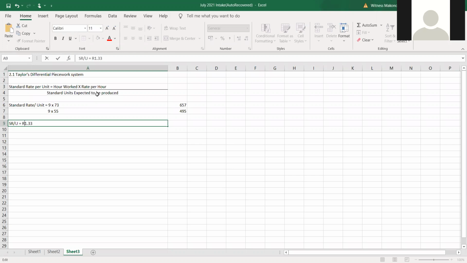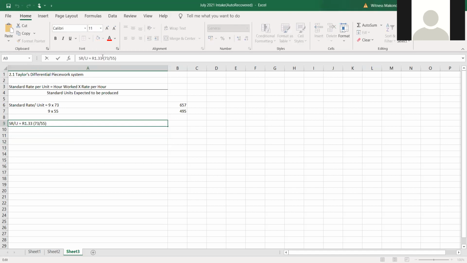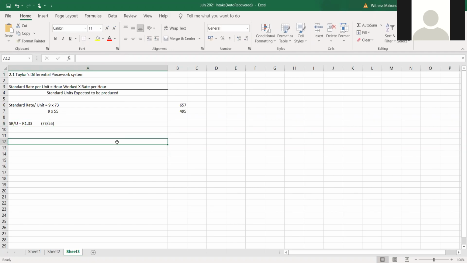So how much is he paid to produce 1 unit? 73 over 55. The shortcut is what is paid per hour over the number of units that he is producing in that hour. You get that? Yes, we do. Okay, good.